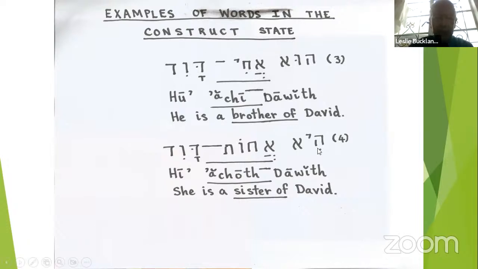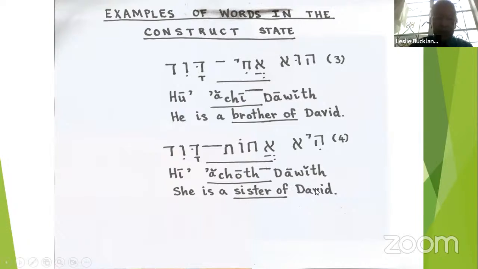Here is another example. Hi achot David, translated as she is a sister of David. Well, now we find achot does not stand by itself. She's not simply a sister, but something more is added to tell us more about who this woman is.